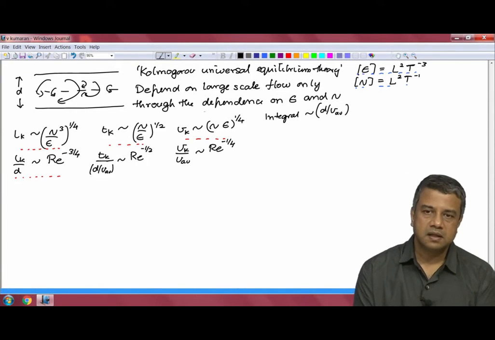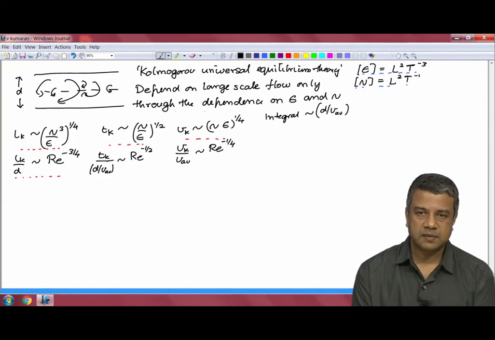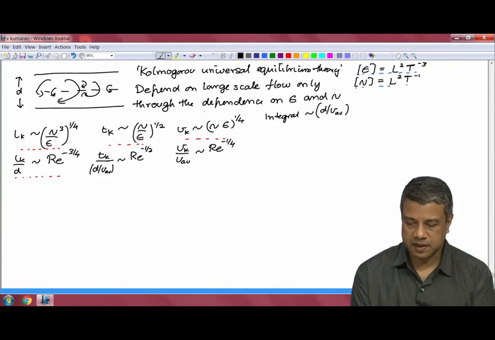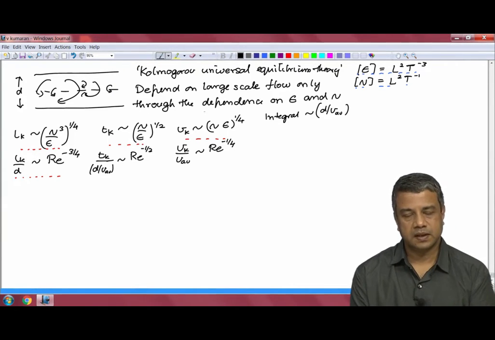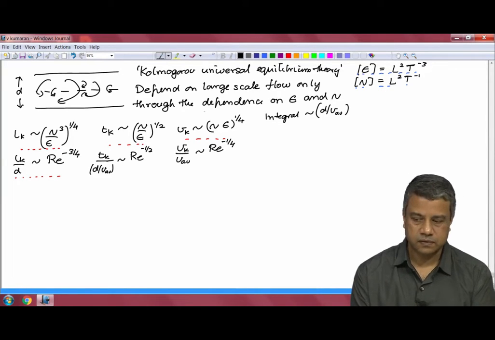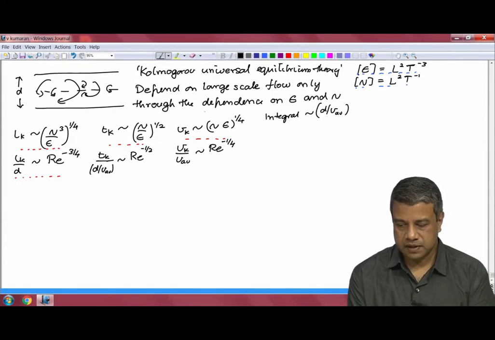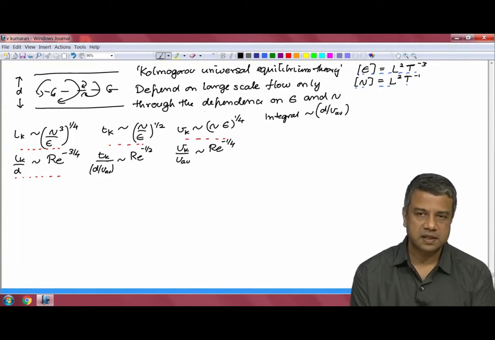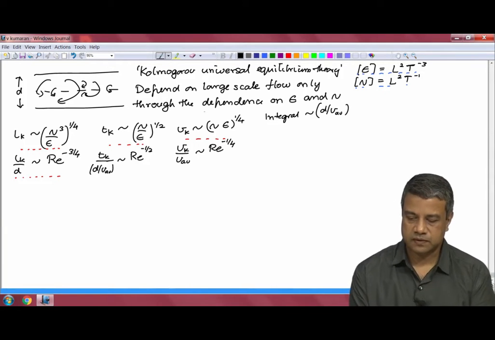Therefore, the turnover time of these small eddies is Re to the power minus half times the time scale for the large flow. And finally, the velocity scale for the smallest eddies is equal to Re to the power minus 1/4 times the velocity scale for the large flows.